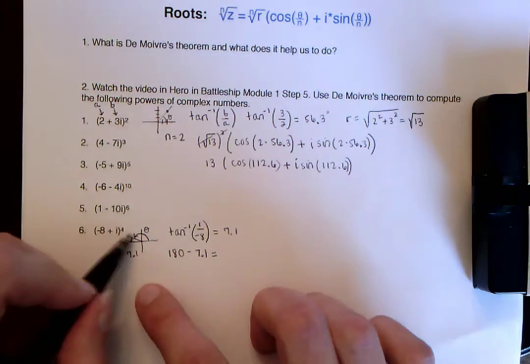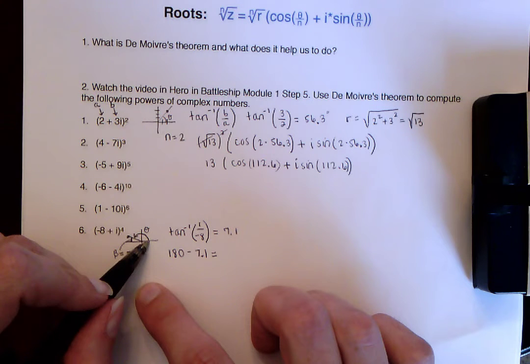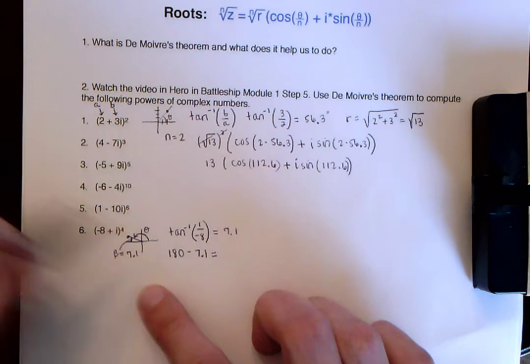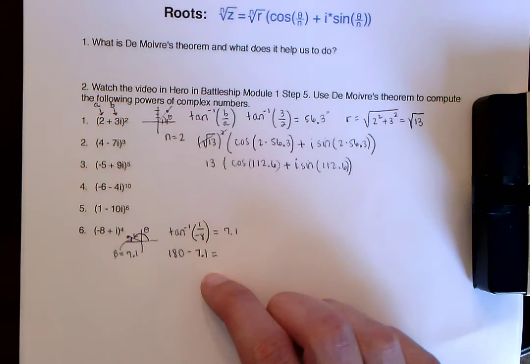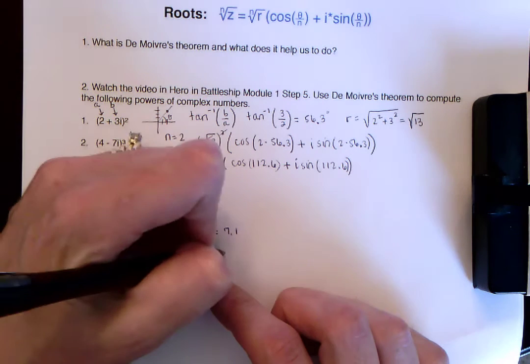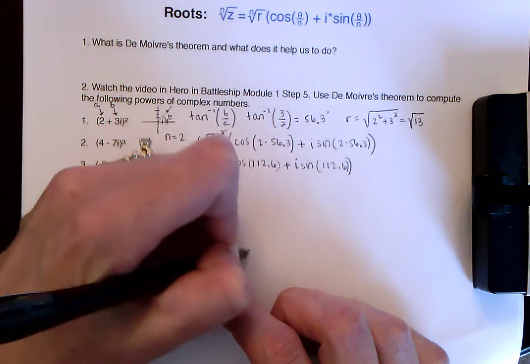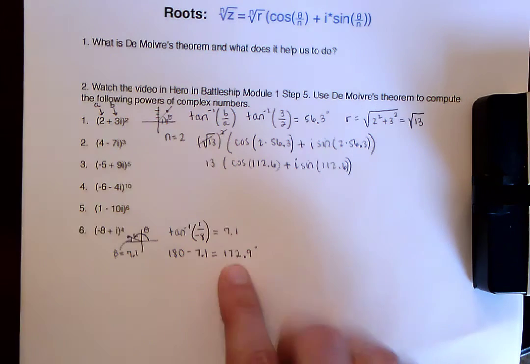And then that'll give us this angle, starting from 0, it'll give us this angle theta here. Okay? So, just taking this answer, 172.9 degrees is what theta is.